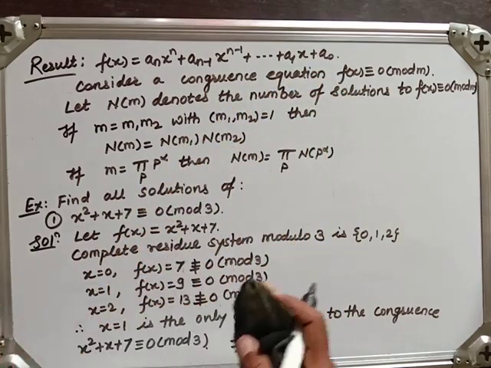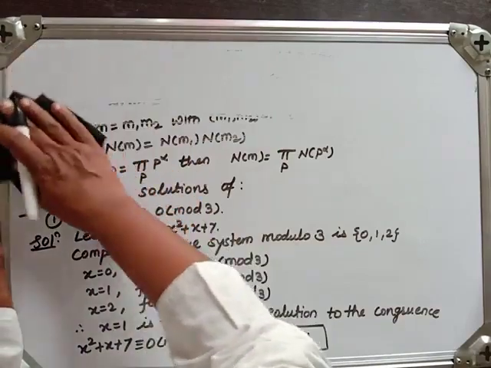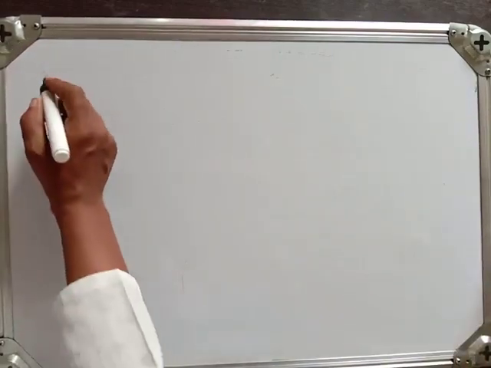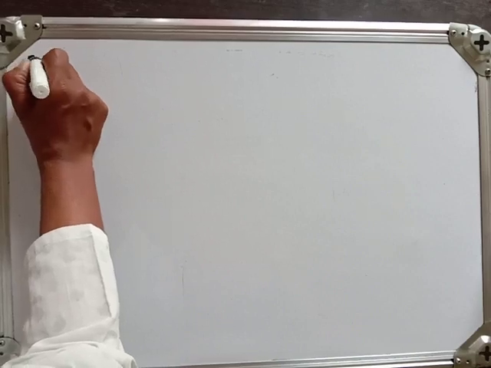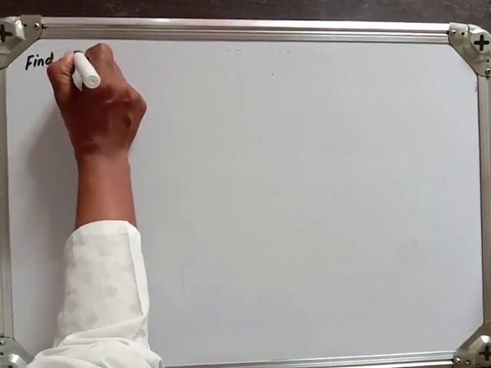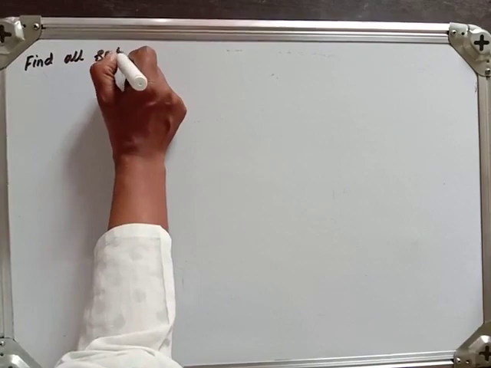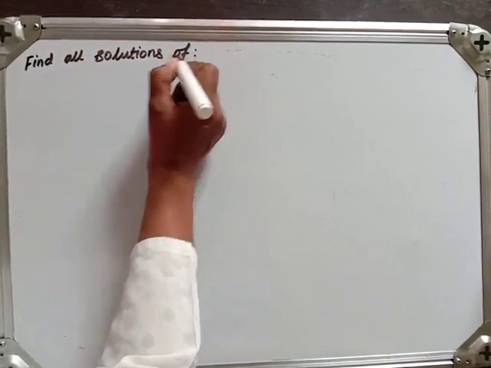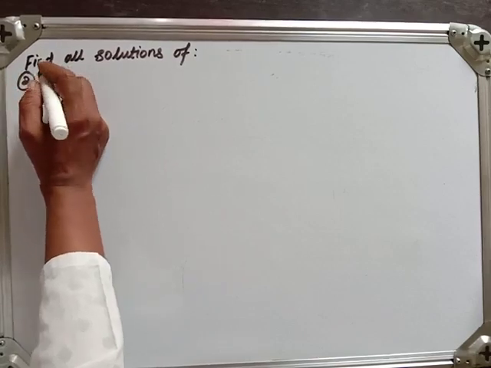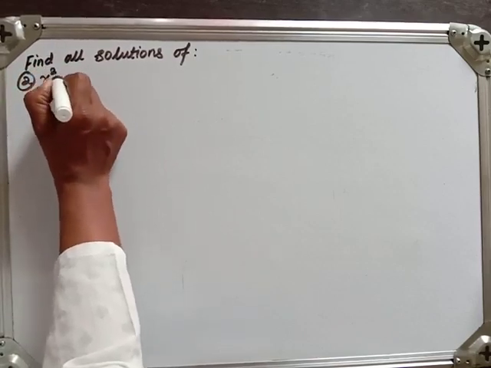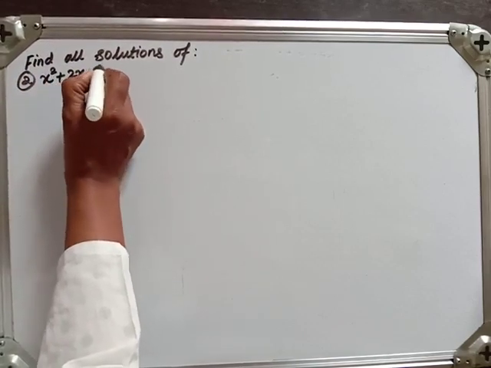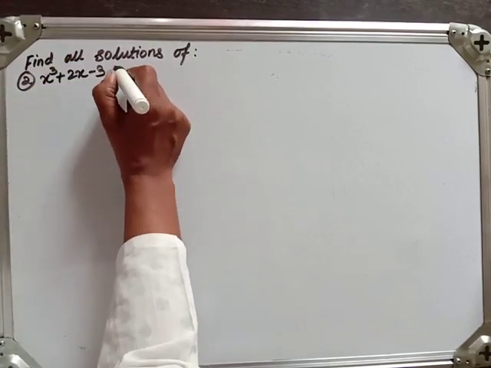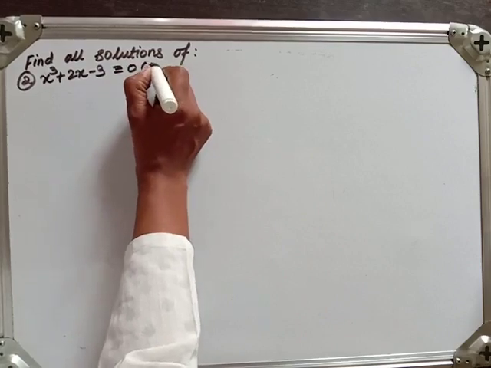Now let's take one more. Find all solutions of. So the second example is x cube plus 2x minus 3 congruent to 0 modulo 5.